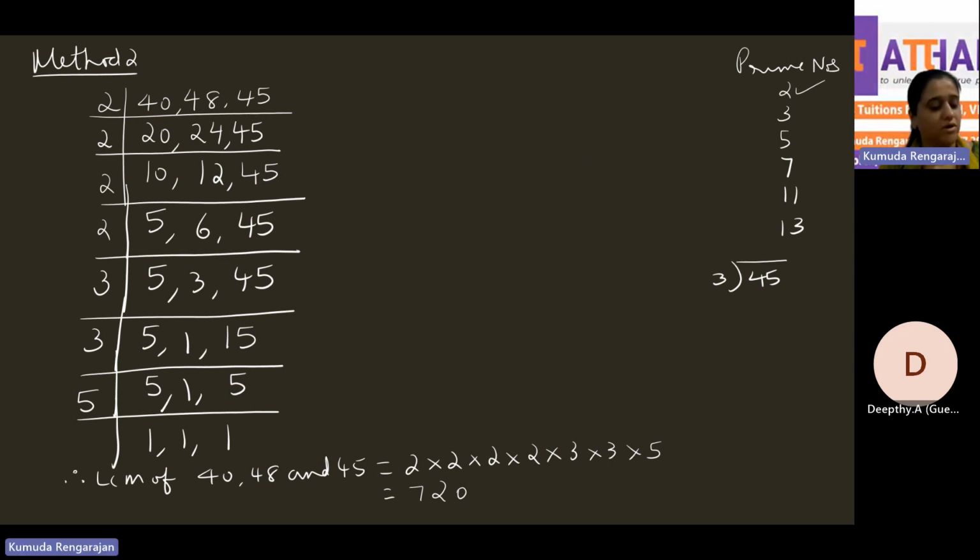Why have you not written the product? You have not written 2 into 2 into 2 into 3 into 5 into 5. You must write whatever you see on the board. You've written 720 straight away. And here also the steps are missing.